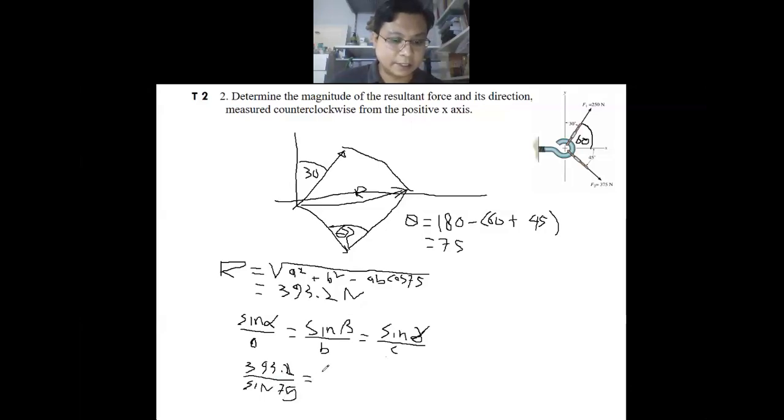Okay, now you can compare to 250 by sine theta. So you can get theta equal to 47.51 degrees.